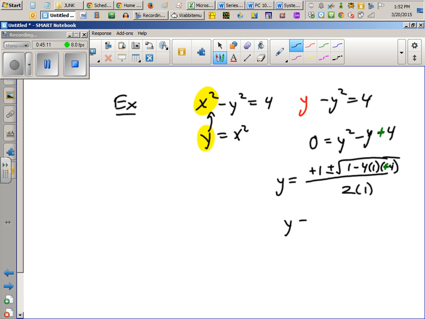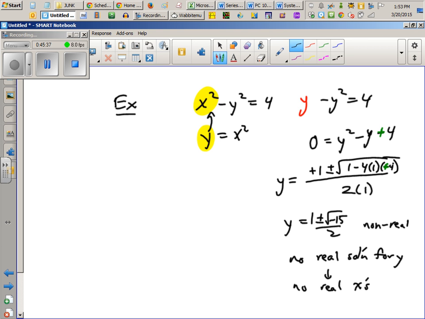So what happens is you end up with 1 plus or minus the square root of negative 15 all over 2. You can see that this is non-real, right? And so what this means is that there is no real solution for y, which implies you'll never be able to plug it in to get a real solution for x. So no real x's. In other words, there's no real contact points. So let's just put there is no solution to this problem.